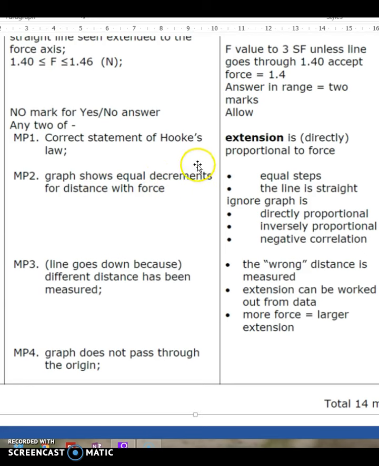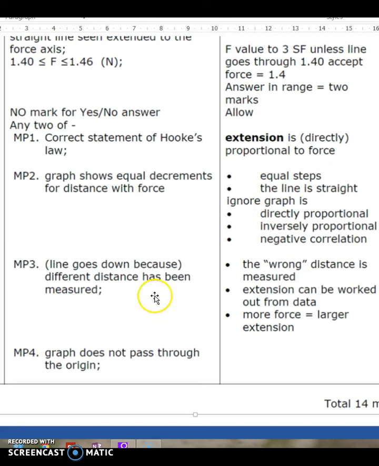So I bombed out on saying that correctly. And the line is straight. Now, you weren't going to say the graph is directly proportional. That's wrong. Inversely proportional, no, they weren't looking at that. It was the idea that you've got equal steps for distance as you increase the force.